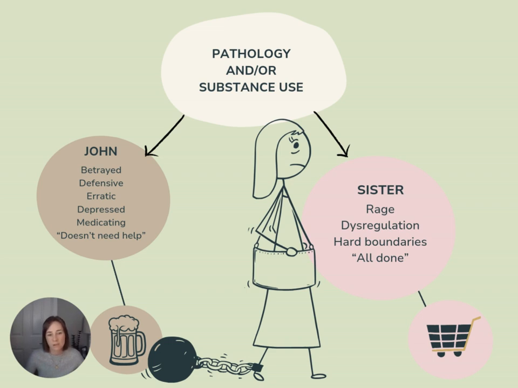because it just didn't feel safe. And so in this, I think a lot of times the message that we can get is that the person with the active use or active pathology needs to want help, needs to hit rock bottom, has to be the one to initiate getting well.